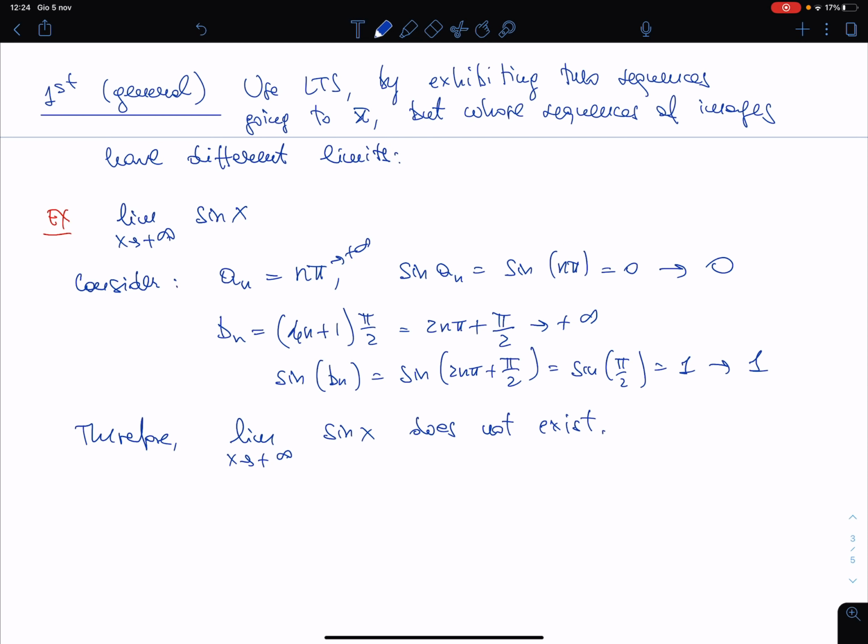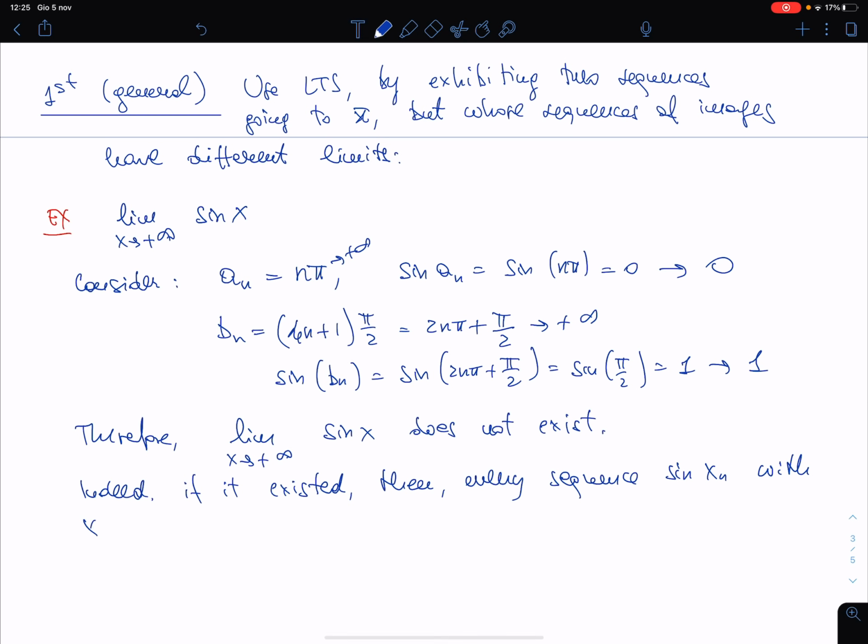Indeed, if it existed, then every sequence sine of xn with xn going to plus infinity would inherit the same limit.